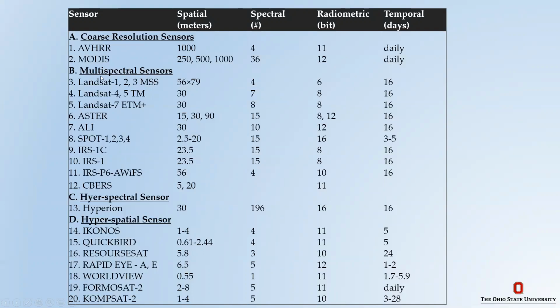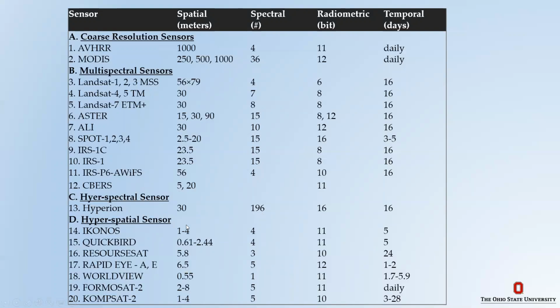Multispectral here means the spectral resolution. Usually you can say spectral resolution here is no more than 15 bands. Here, hyperspectral sensor means this sensor has a lot of bands. How many? 196.